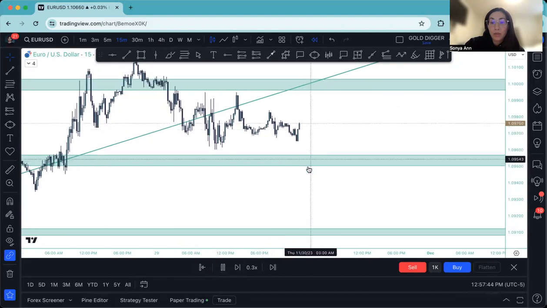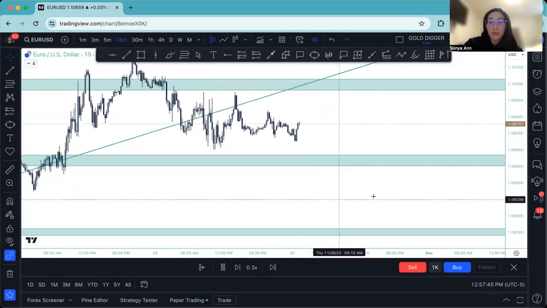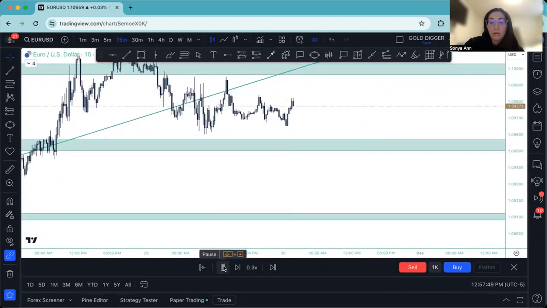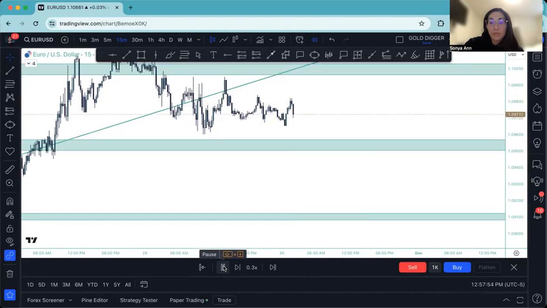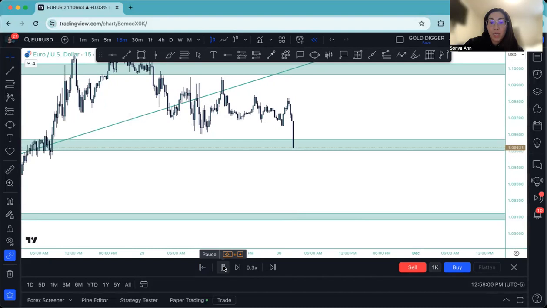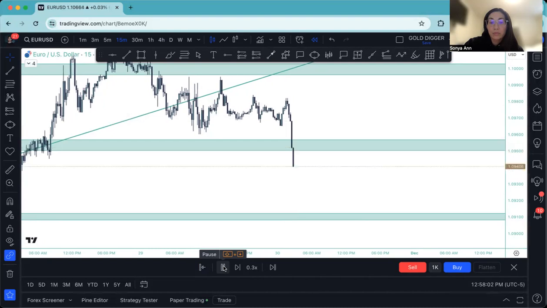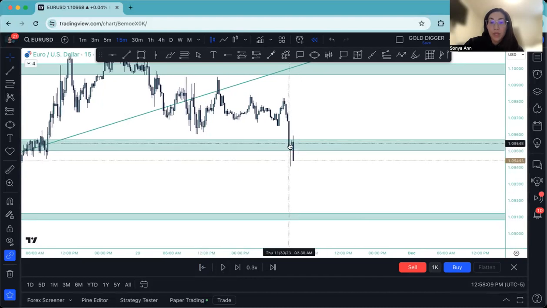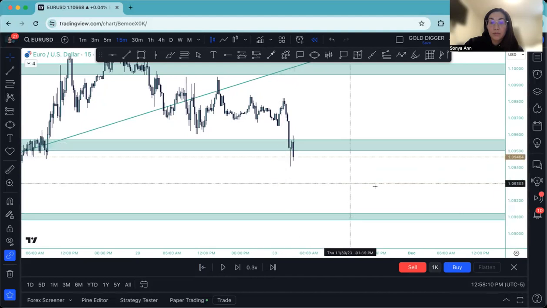Waiting for it to break this right here and then retest. Breaking it. Oh, see the retest. You could have got in right there.